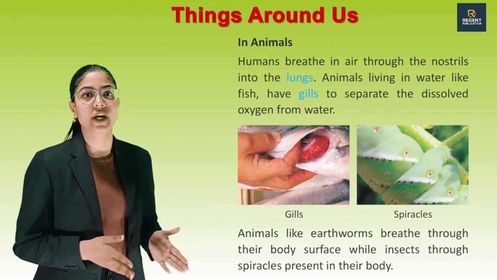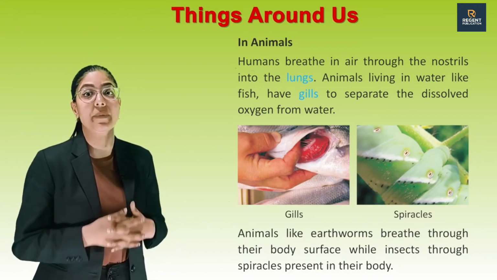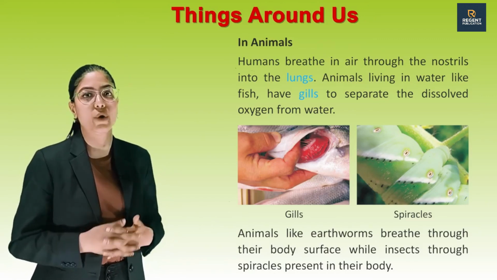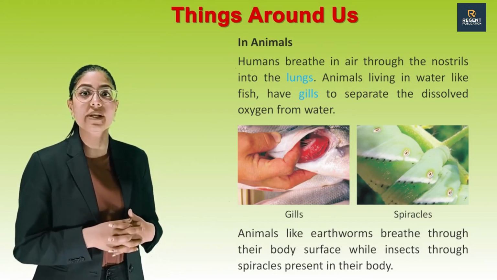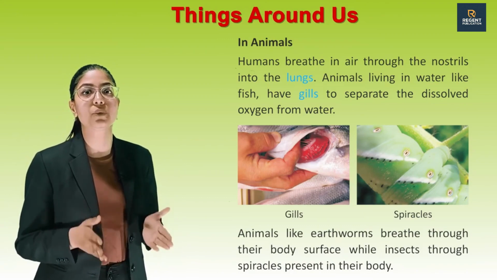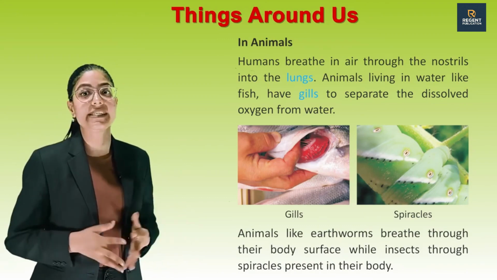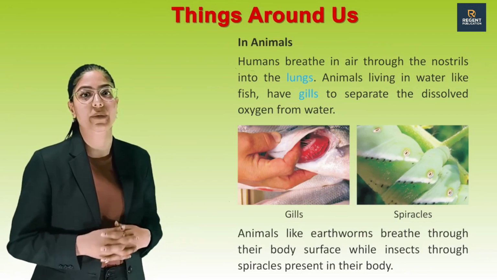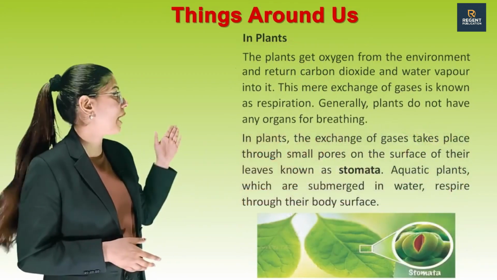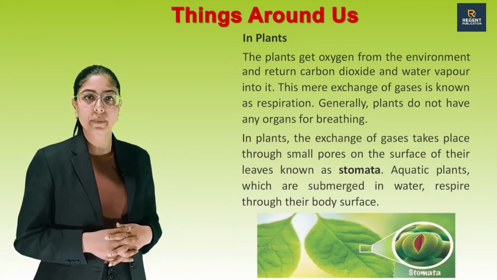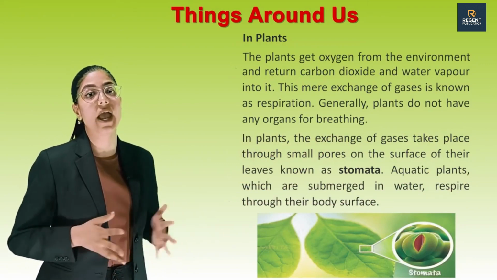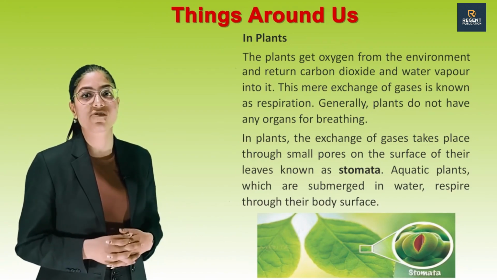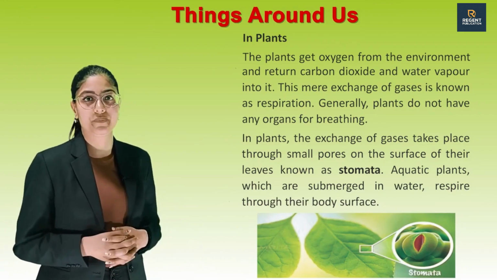Animals that live in water, like fish, have gills to separate the dissolved oxygen from water. Animals like earthworms breathe through their body surface, while insects breathe through spiracles present in their body. In plants, the plants get oxygen from the environment and return carbon dioxide and water vapor into it.